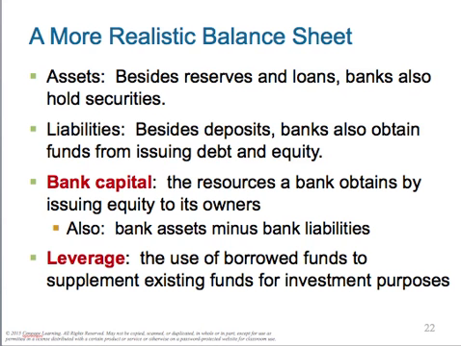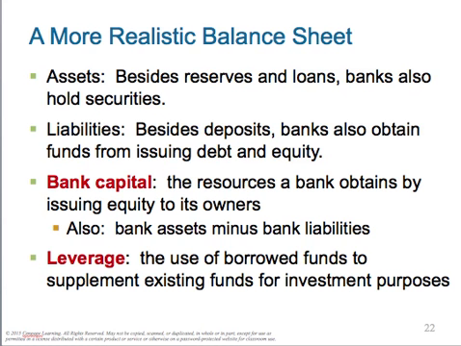Let's start over. Assets, besides reserves and loans, in your T accounts there are some things other than reserves and loans. Banks also hold securities. They invest in things. There are also additional liabilities, adding to that very basic First National Bank T account. Besides deposits, banks also obtain funds from issuing debt and equity.